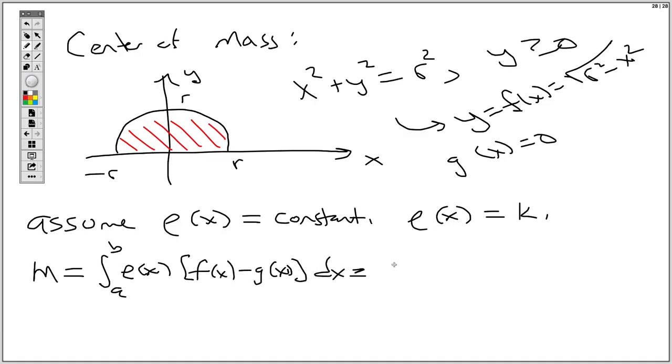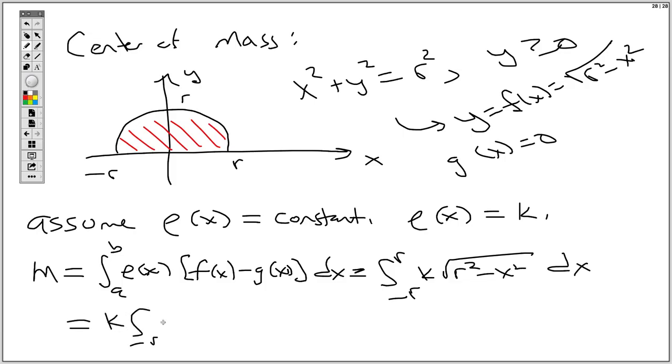In this case, I would be integrating from negative r to r of k times the square root of r squared minus x squared minus 0 dx, and this would just be k times the integral from negative r to r of the square root of r squared minus x squared dx, which is k times the area.